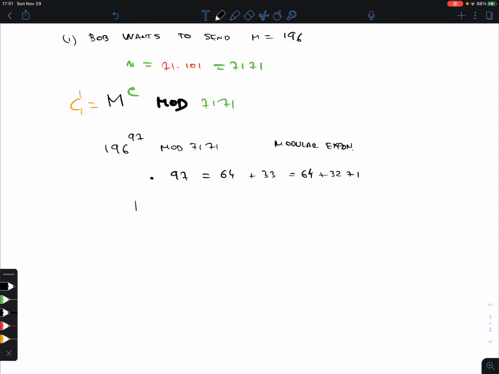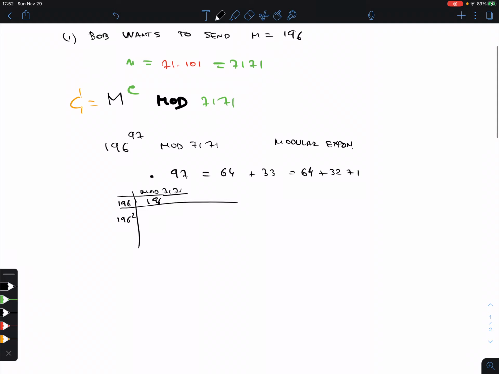But of course, we have to start from the first power, 196. And so this is always modulo 7171. So we get 196. The next one is 196 squared. And again, also this part, I want you to show me all the steps. You have a whole day, so don't say, oh, this is too much work. 196 squared is 38,416, and we always work modulo 7171, so divided by 7171.